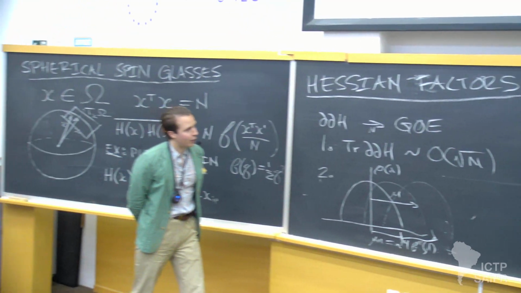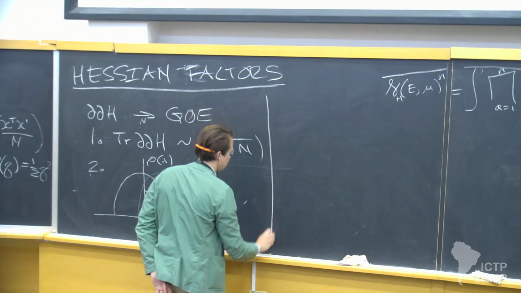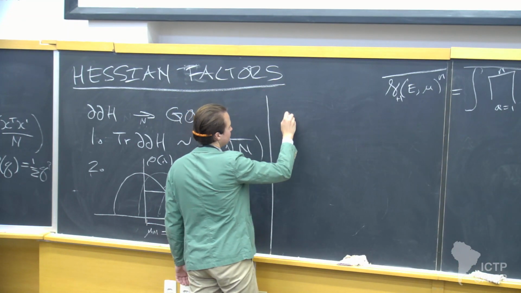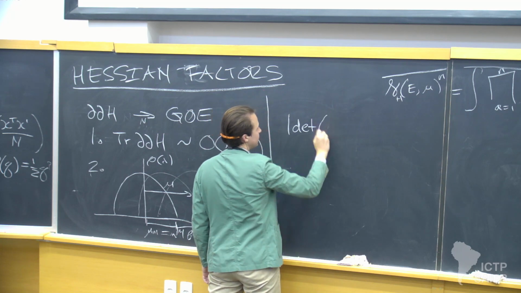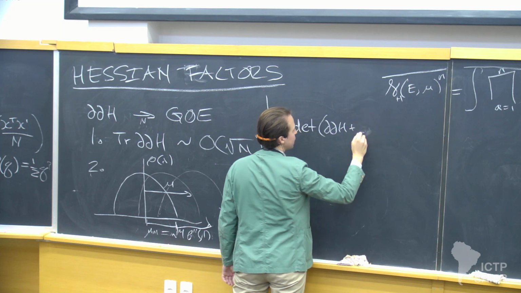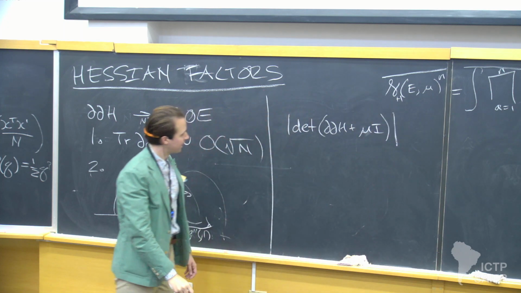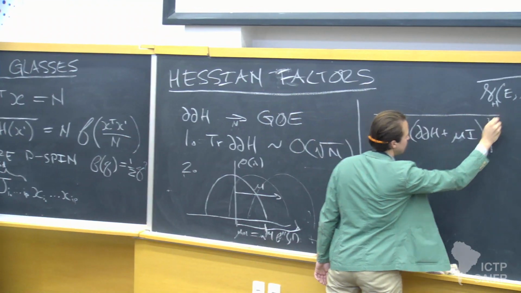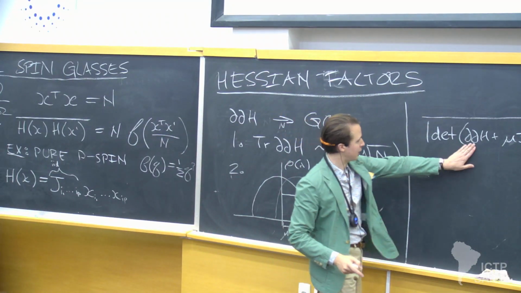We want to evaluate our absolute value of the determinant. So we have the determinant of the Hessian, which is going to be the double derivative of h plus, I'll just immediately start calling it mu I, averaged, which we can write schematically for a given instantiation of this double derivative of h, right?